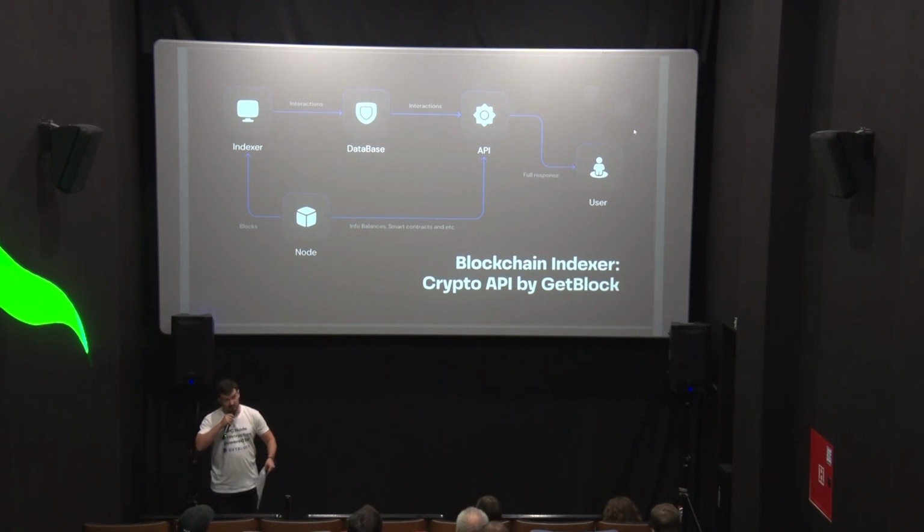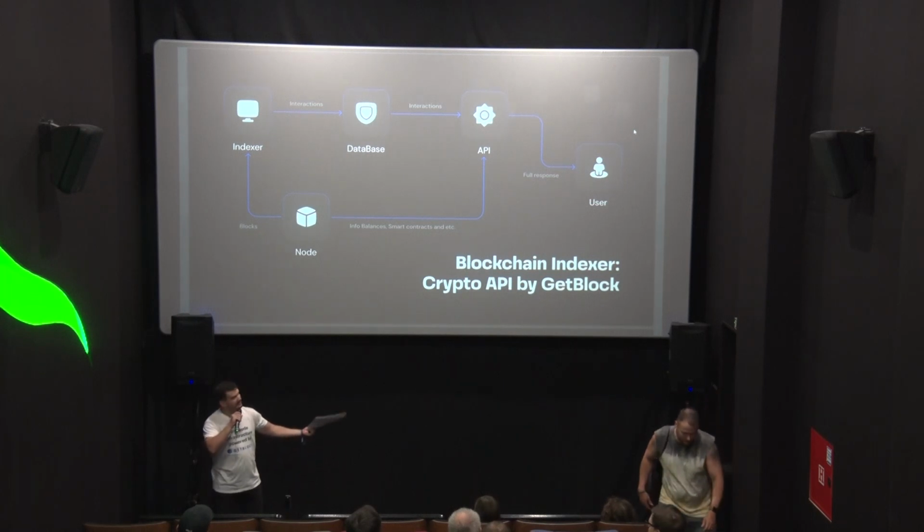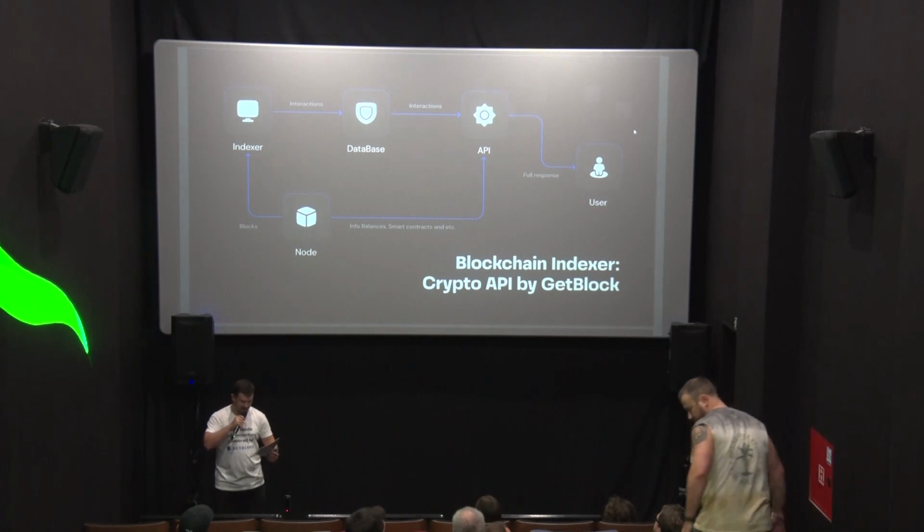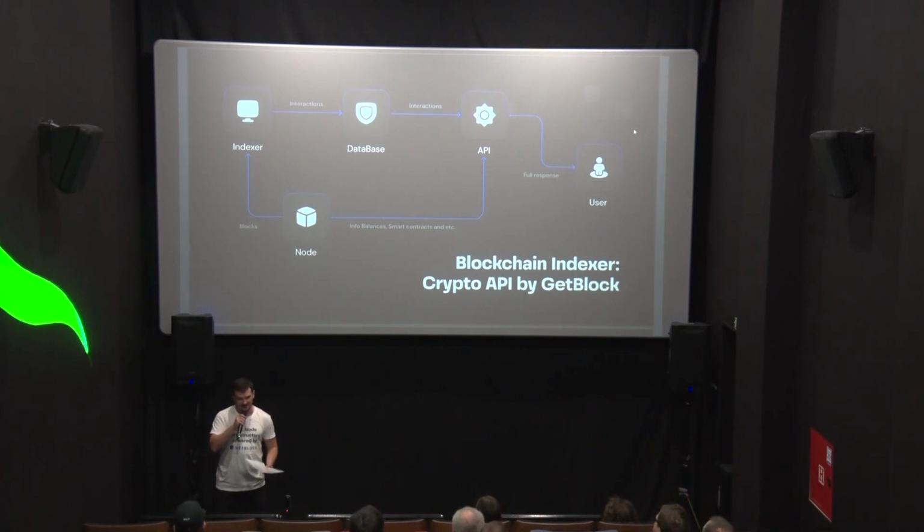Then, using blockchain nodes, we enrich these points with information such as balances and tokens, returning it back to the user. GetBlock Crypto API will go live in the coming week, so it's a great privilege for us to introduce this long-awaited solution at Ethereum Belgrade 2024. Guys, we are all waiting for you to start building on RPC nodes with Crypto API to reduce latency and costs.